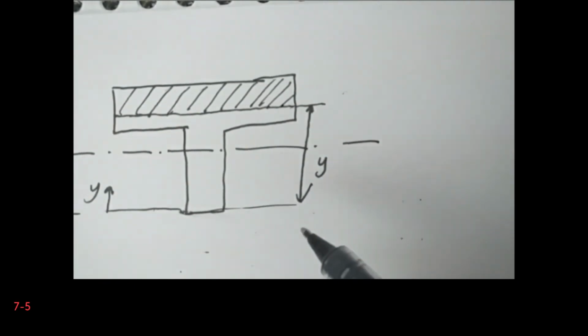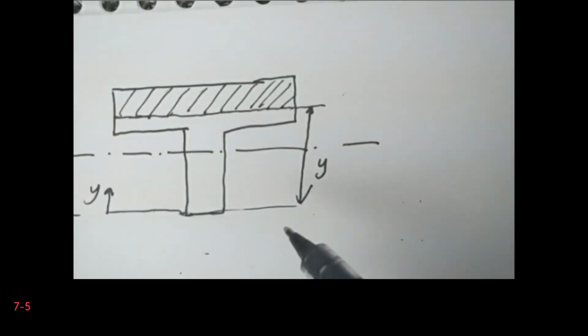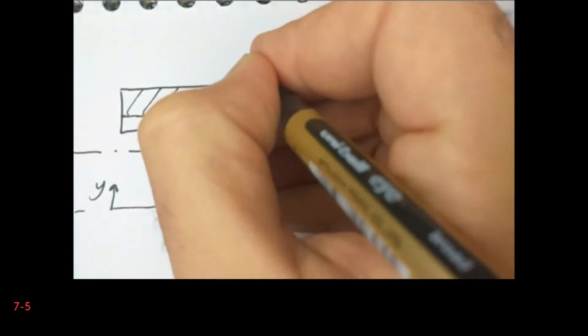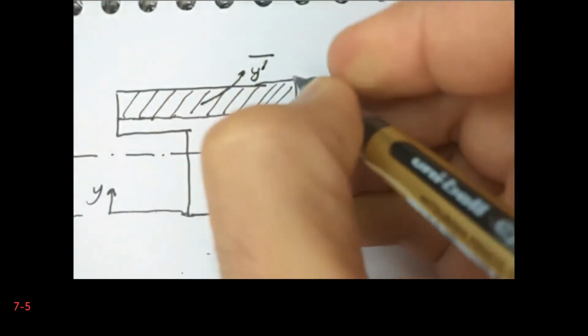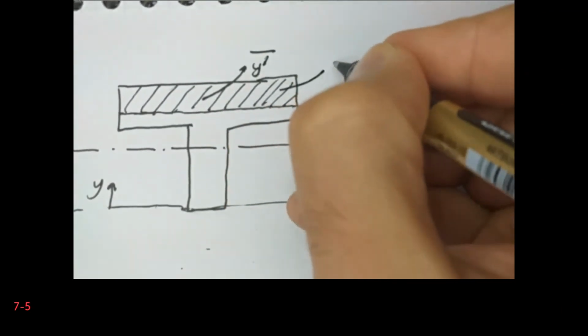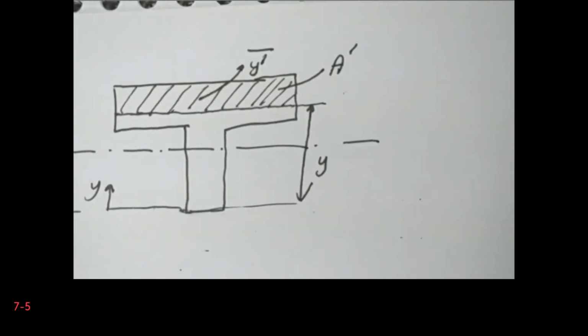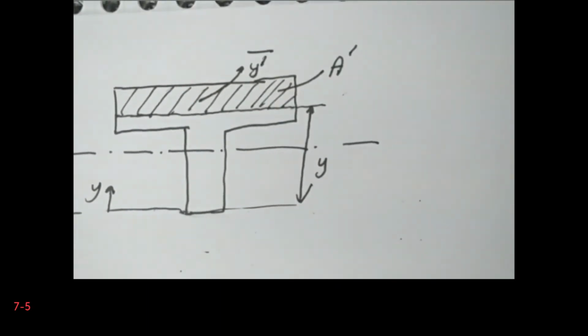So certainly this area has a centroid y prime bar, and this is I prime. Now let's write the Q value.